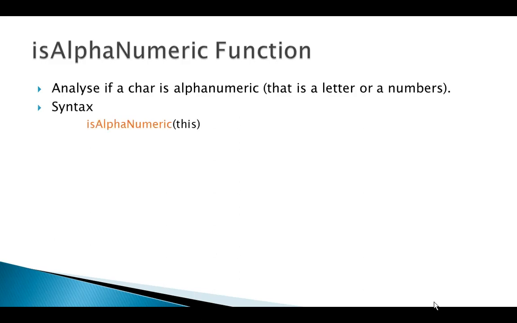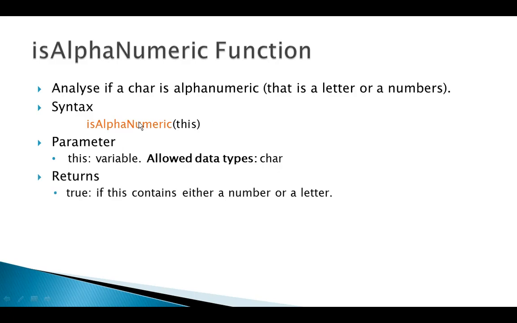Its syntax is isAlphaNumeric, and this is a character. The important point is, in the syntax, letter A and letter N should be capitals. This parameter is a variable, and it will allow only character data type.